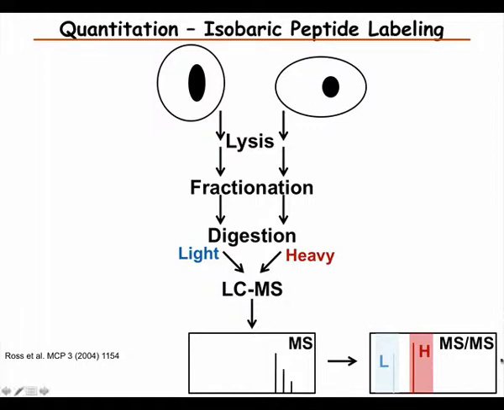If we look at the low mass end, we get the quantitation, and then the higher part of the mass spectrum has the regular fragments that we can use to identify the peptides. So now we have the information for identification and the quantitation information in the same spectrum, which is very convenient.